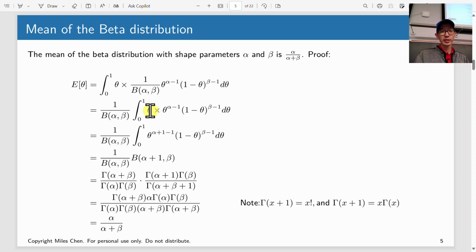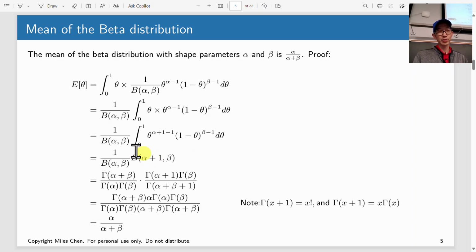And now that we have theta over here, this combines over here, and this becomes theta to the alpha plus 1 minus 1, or just theta to the alpha right here. And because of the relationship that we had established earlier regarding what the integral from 0 to 1 of something in this form is, we can say this entire quantity right here can be calculated as the beta function B(alpha plus 1, beta), because basically we've just changed this exponent here.